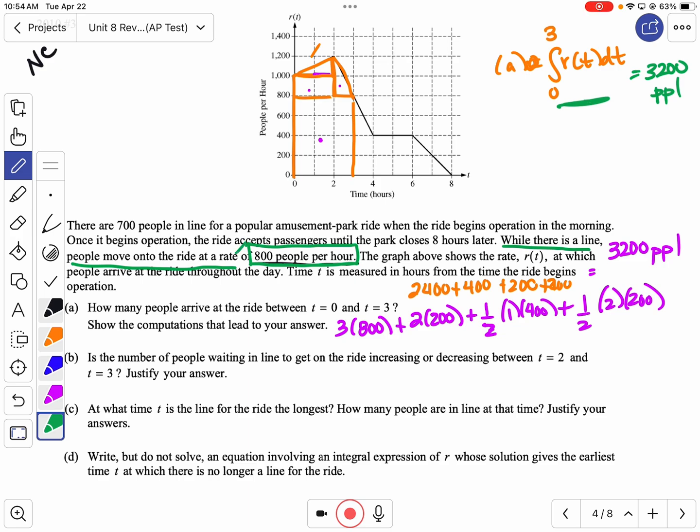What's my rate? It's 800. And if my rate is positive, what does that mean is happening to the number of people? My derivative is positive. It's increasing, okay? So we would say the number of people waiting in line is increasing.